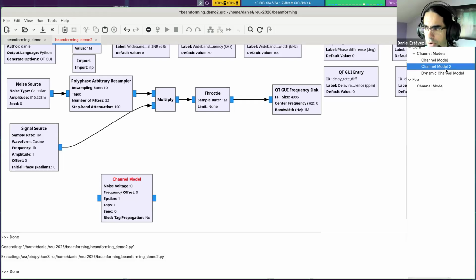And you can see there are other more complex channel models, such as channel model 2 and dynamic channel model, because there can be more complex things that can happen to the signal. You can imagine, for example, if you are in a city, which is something that doesn't concern us in radio astronomy, but it concerns people who work on communications, for example, cellular communications.